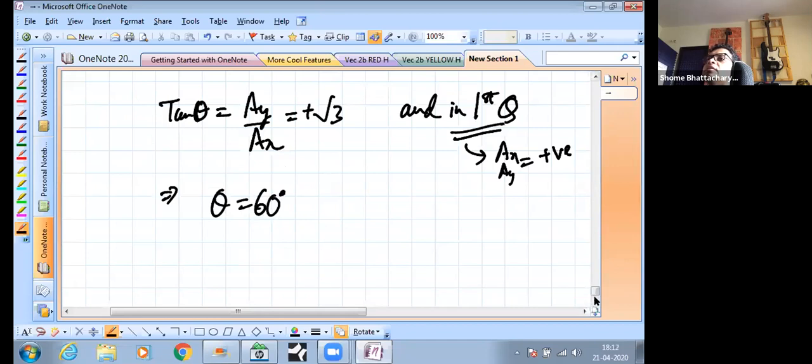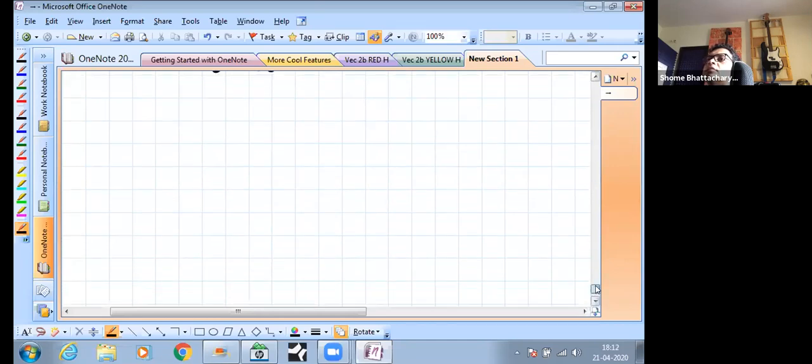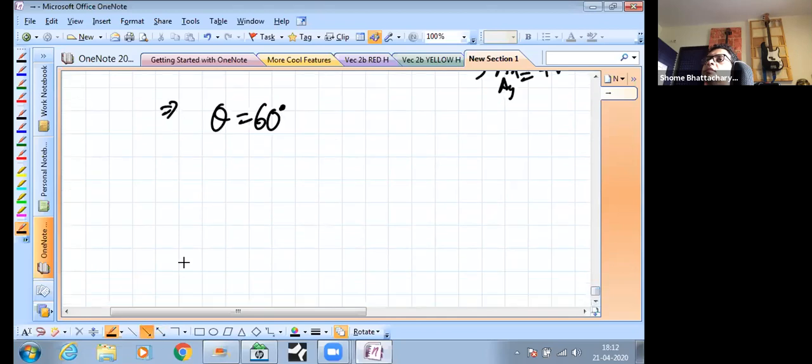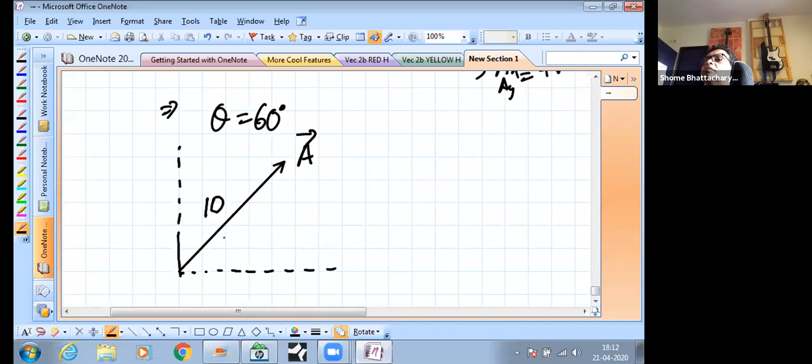Okay. So in fact your vector is looking like this. We have magnitude 10, but the angle with the x-axis would be 60 degrees, which is why your x component is 5 and your y component is 5 root 3.